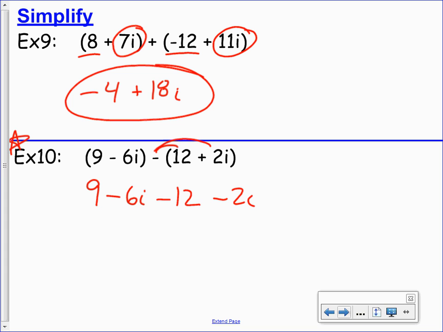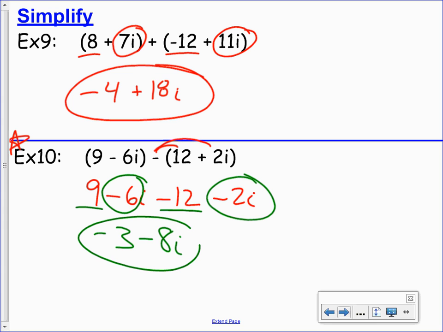A lot of the mistakes would be if people add the 2i to the negative 6i, and that's not right. The reals are negative 6 and negative 2. A plus bi.